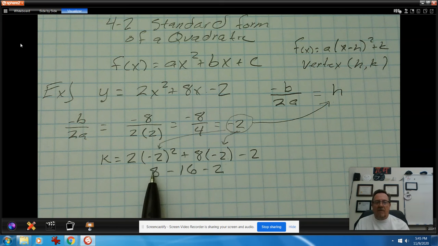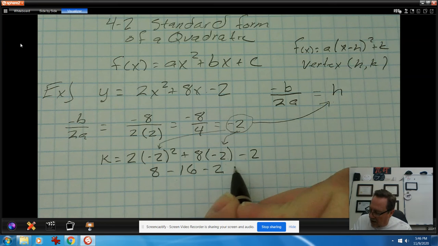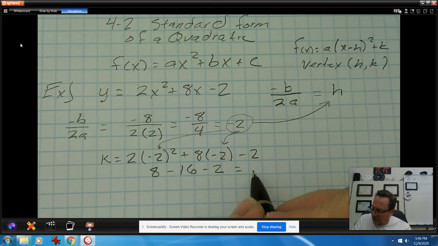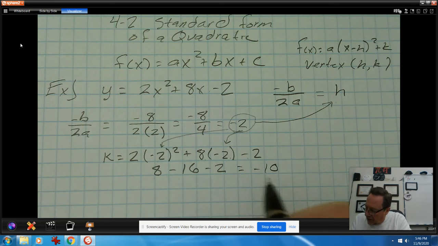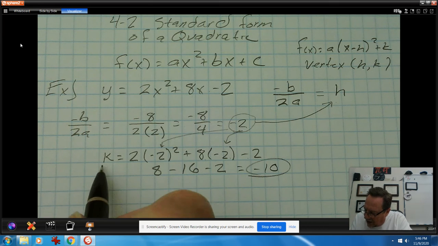I'm just simplifying from above. 2 times negative 2 squared is 8. And 8 times negative 2 is negative 16, and I'm still subtracting 2. So let's do the math on that. That would be negative 10, correct? Yes, negative 10. Okay, so I just found my k.